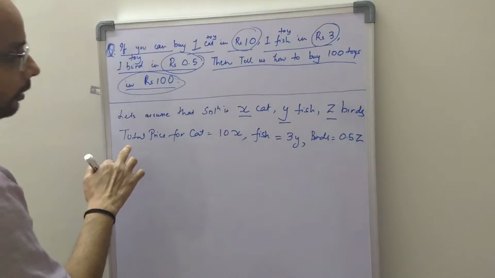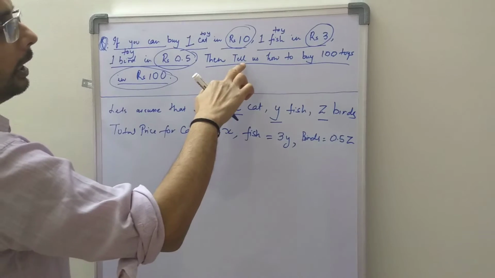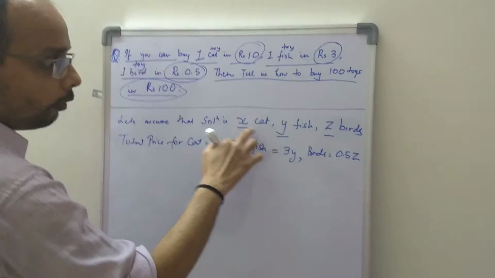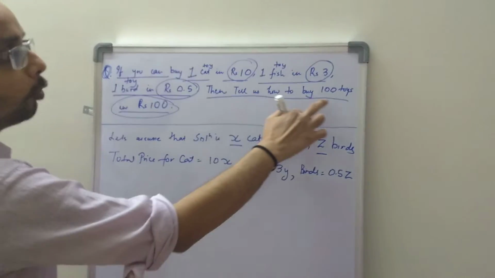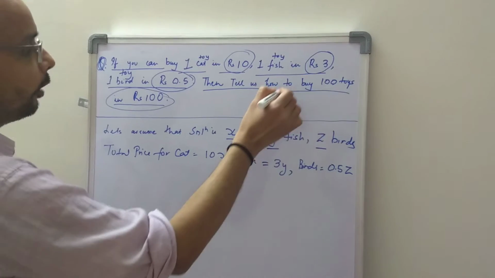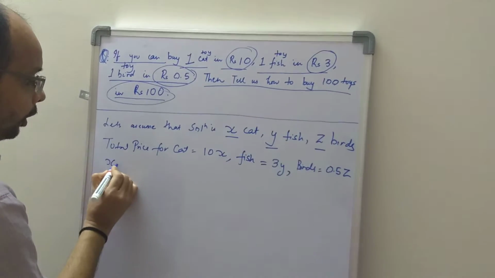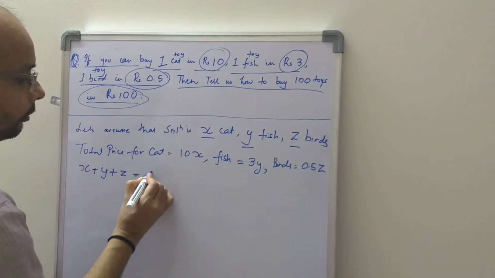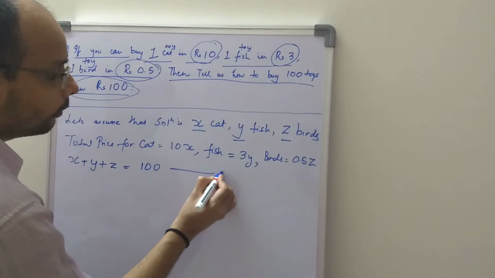Now what does your question tell you? That the count x plus y plus z should be 100, because we need to buy 100 toys. So the count x plus y plus z is equal to 100. This is your first equation.